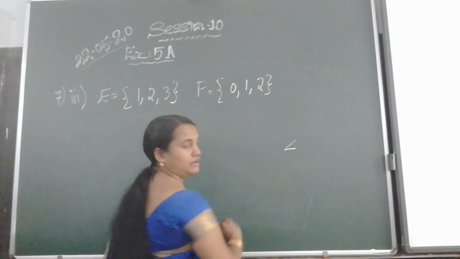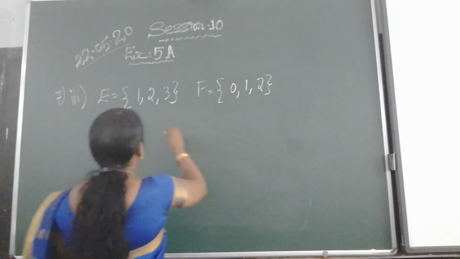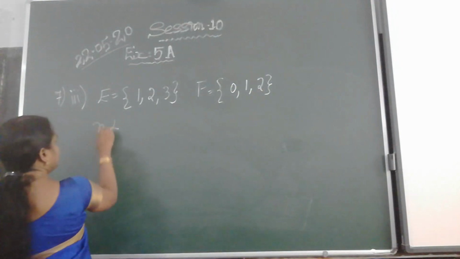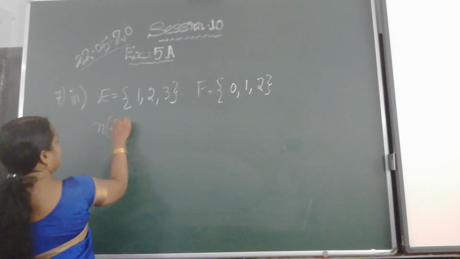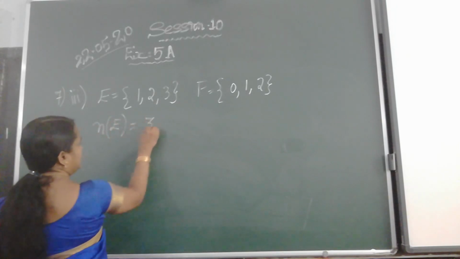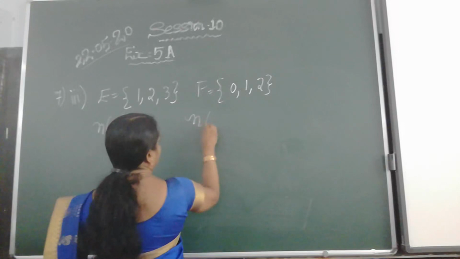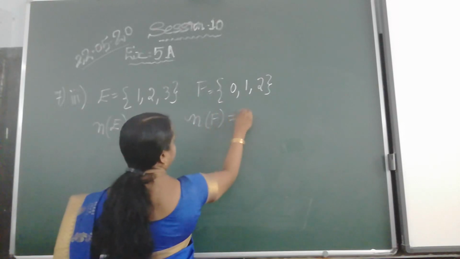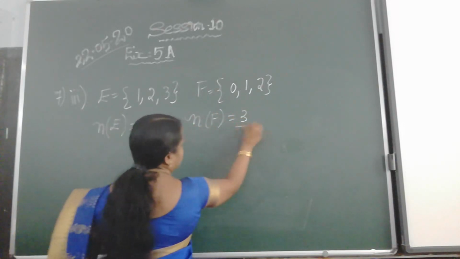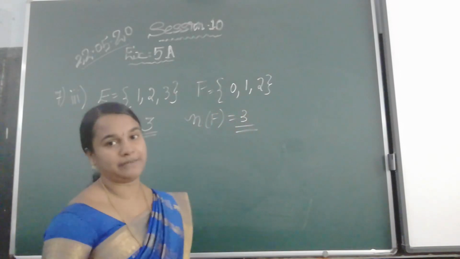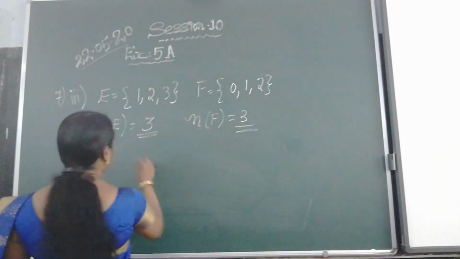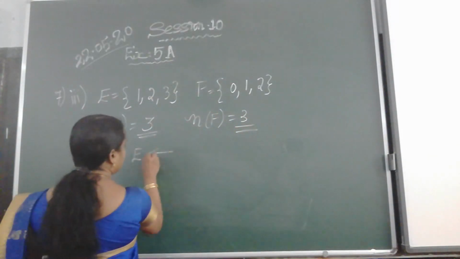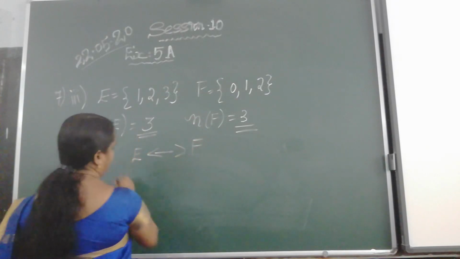Here, the cardinal number of E we are getting 3 and cardinal number of F we are getting 3. That means it is an equivalent set. E is equivalent to F.